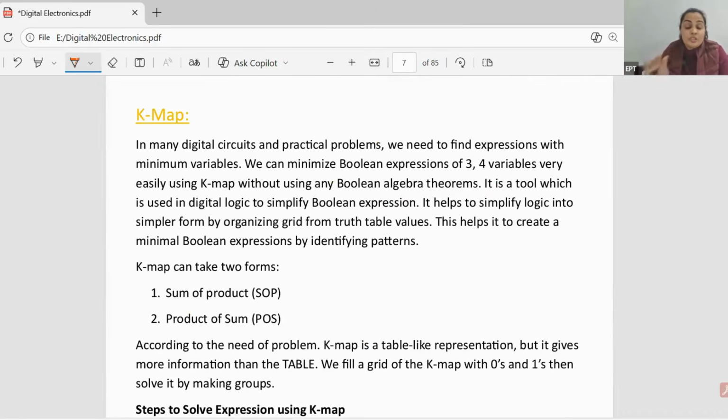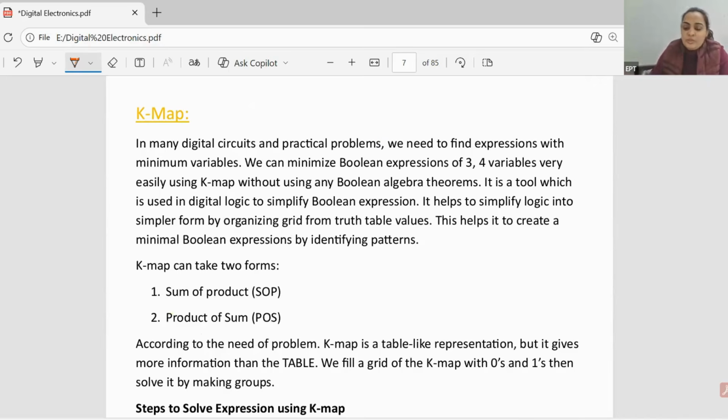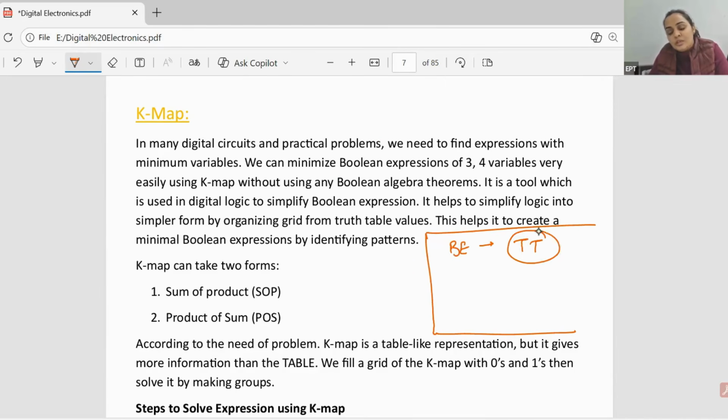Next, K map. K map is really very important. Students, let me explain something. If you write down the Boolean expression from the truth table, then the Boolean expression will be in its standard form or canonical form.